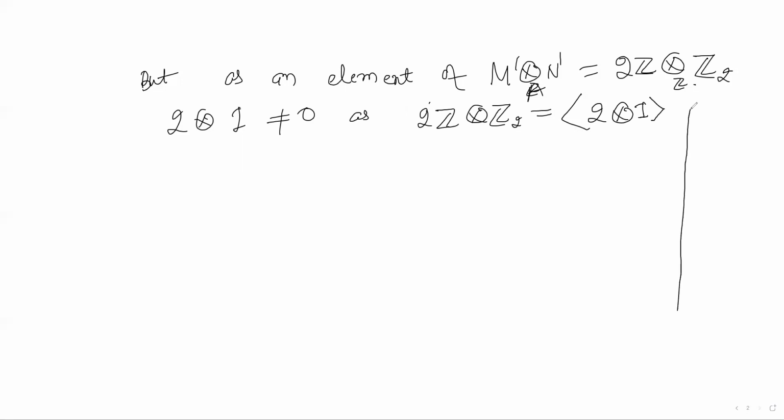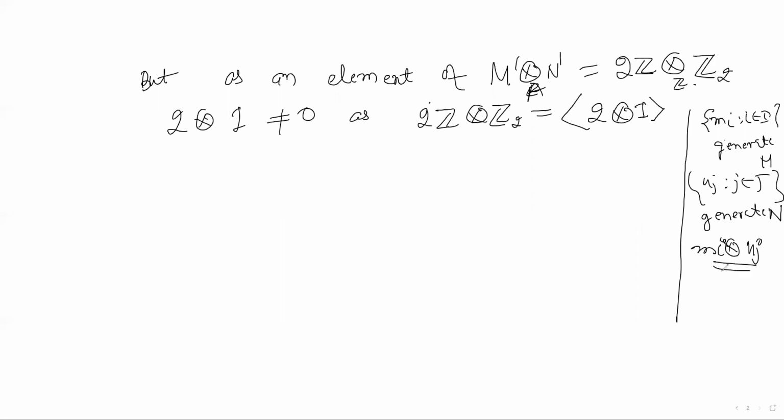And because we proved in the last class, if you remember, if Mi, i in I, they generate M, and Nj, j in J, they generate N, then these Mi tensor Nj elements generate M tensor product N. So here 2 generates 2Z, and this 1 generates Z2.